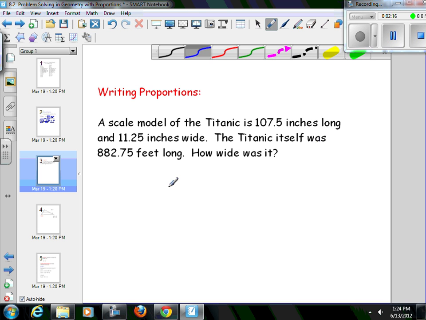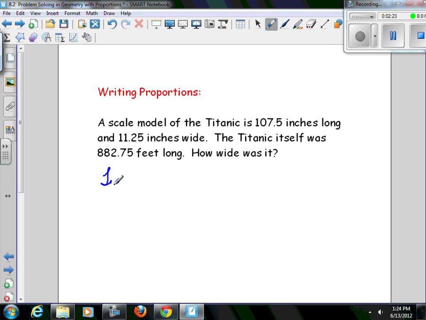If you write the ratio of the length to the width of the Titanic, so this is the Titanic. The ratio of the length to the width would be 107. Oh, I'm sorry, this is not the Titanic. This is the Titanic model. So the model is 107.5 inches in length.